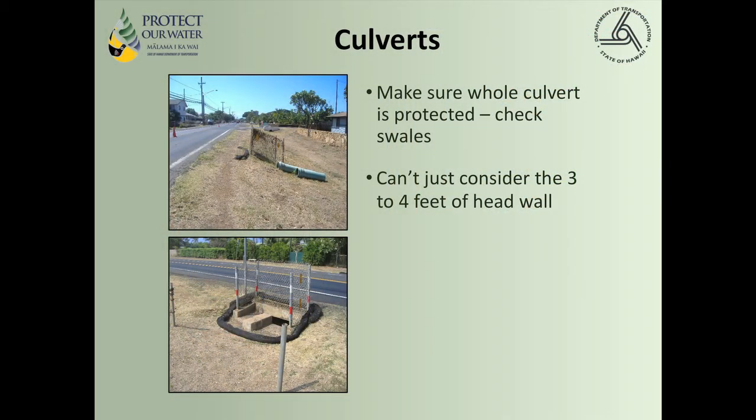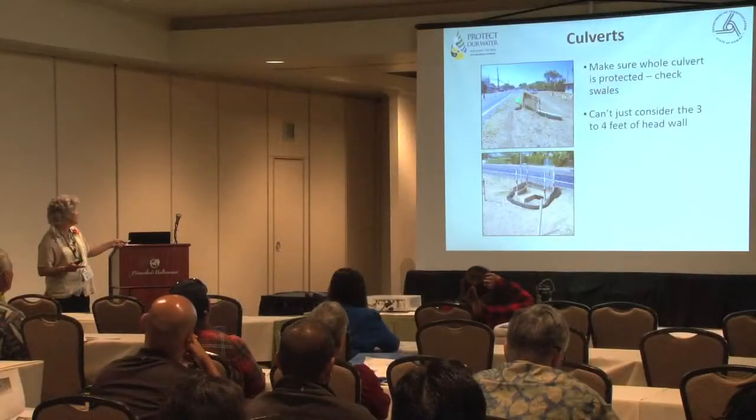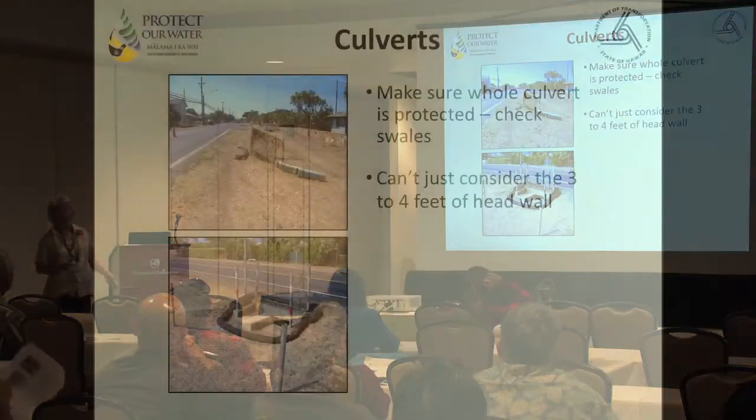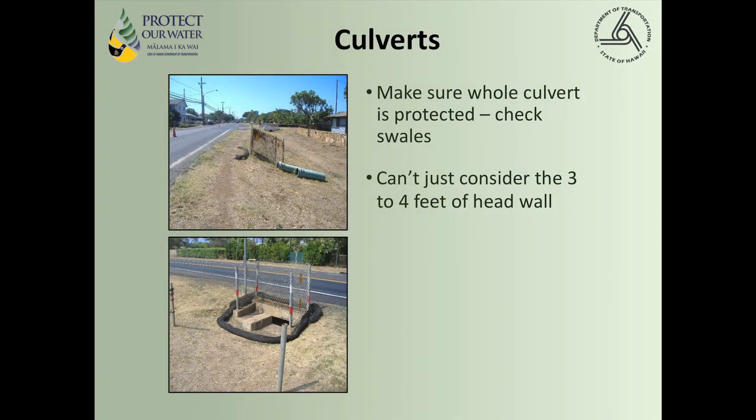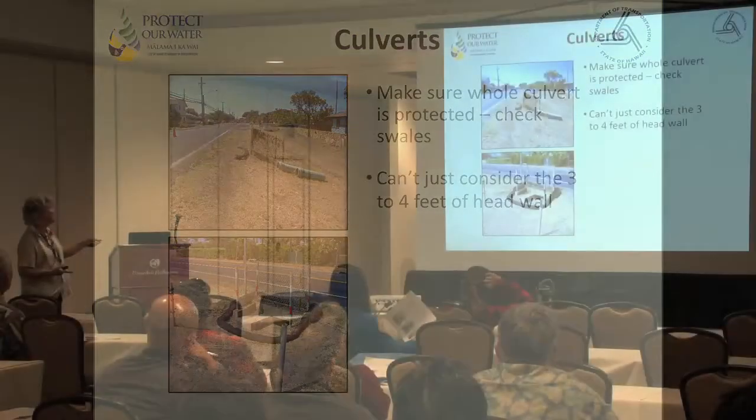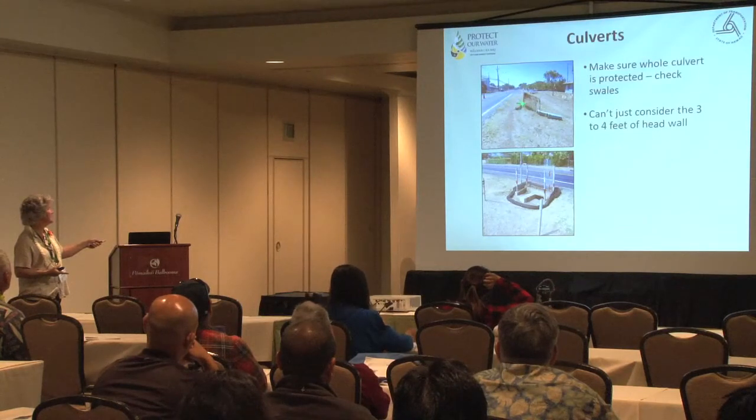Culverts. A lot of times I get a SWPPP and it shows just a little bitty biosock around the head wall, either in a U shape towards the road or away. It doesn't do any good because the water has to hit that dead on. What about the water coming this way?